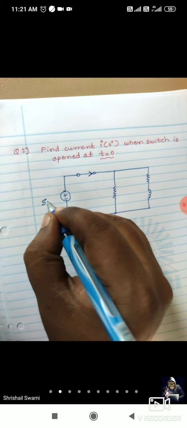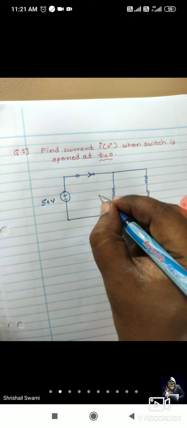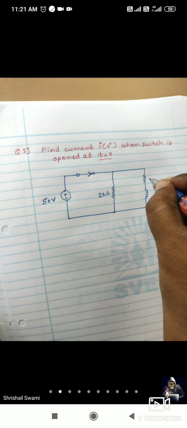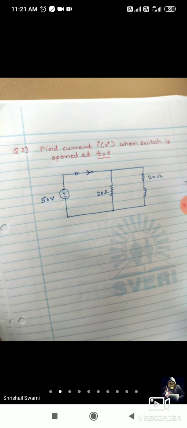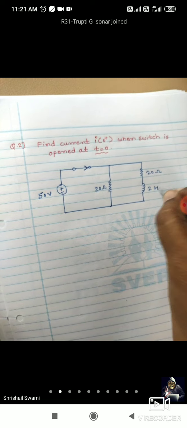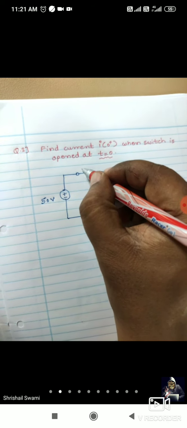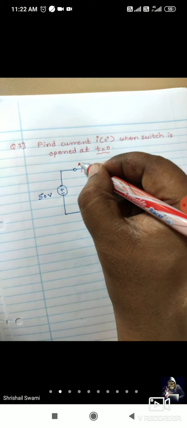So this will be 50 volt. This will be 20 ohm. This will be 20 ohm. And this will be inductor 2H. And this switch is opening. The switch was already closed, so it is opening at t equal to 0.